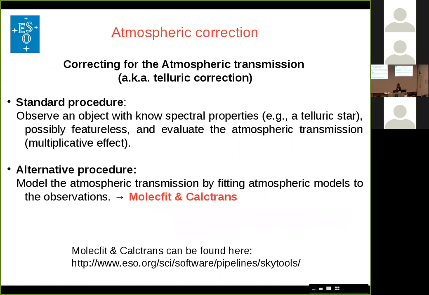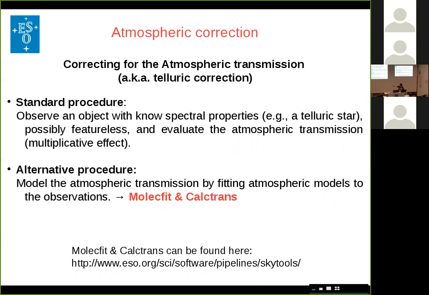Or the alternative approach, which is what I'm going to describe now, is to use a set of tools, namely Molecfit and Calctrans, that allow you to get a model of the atmospheric transmission by fitting your observations directly, and then to adapt that model to your science. So you can correct your science observation following the atmospheric model.